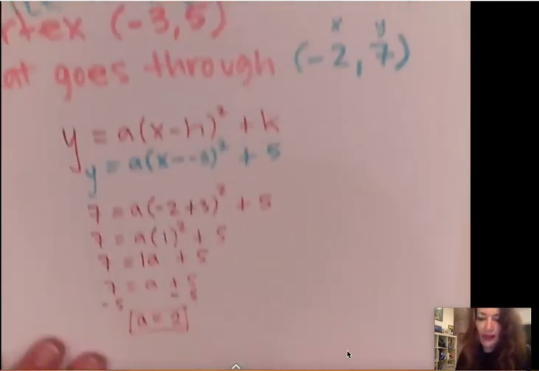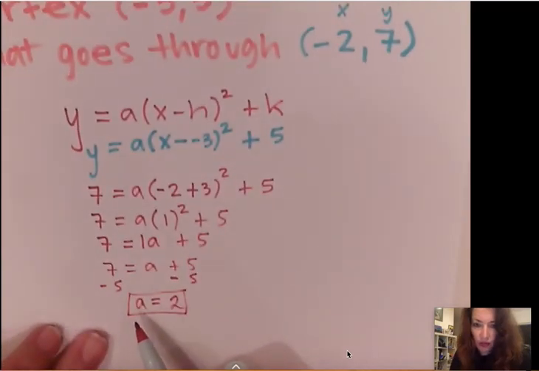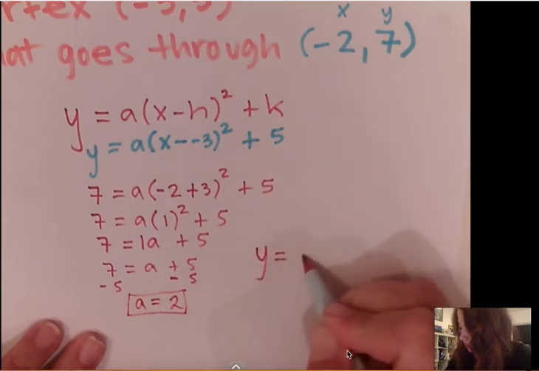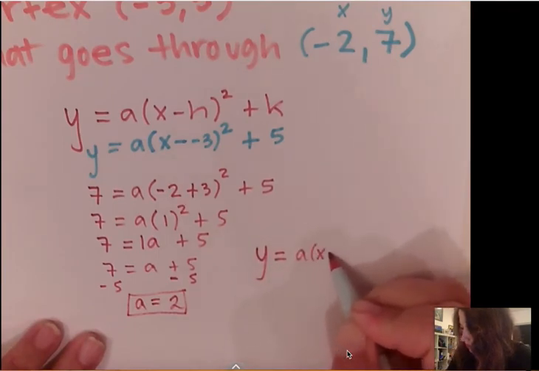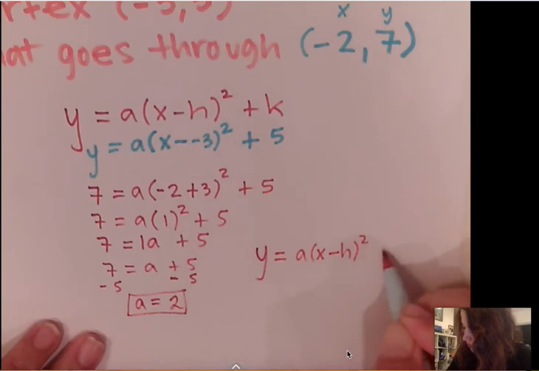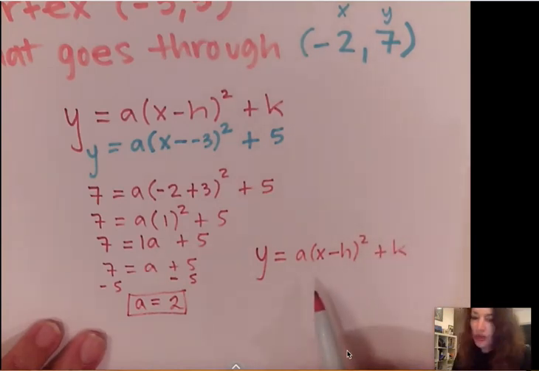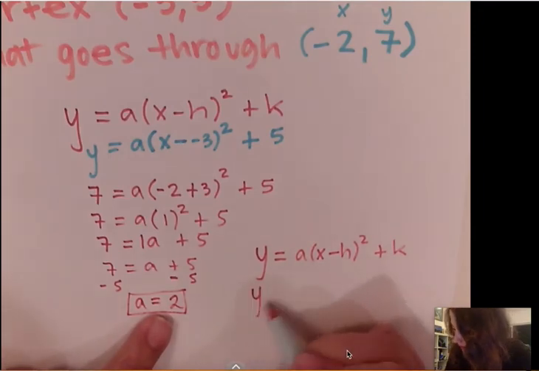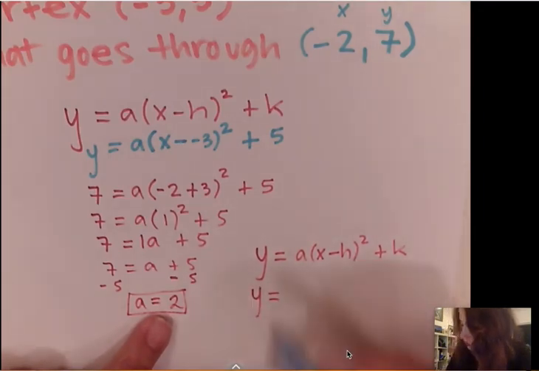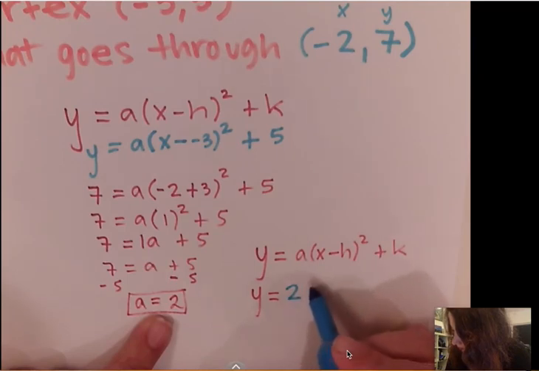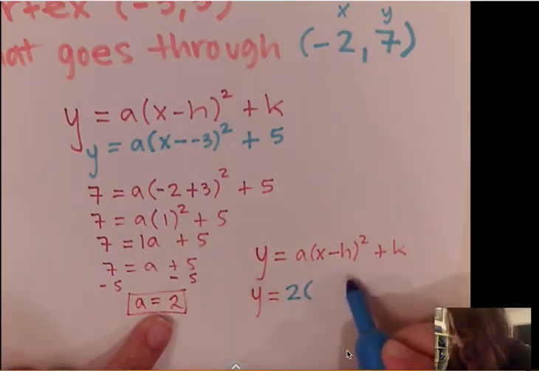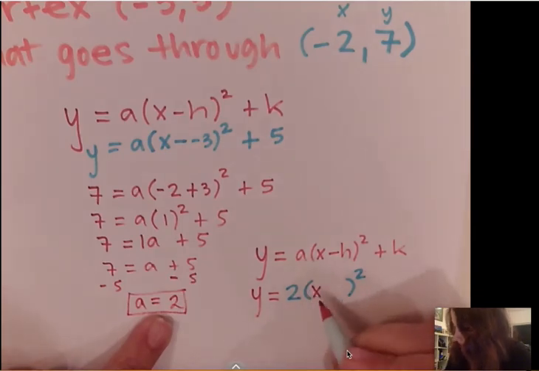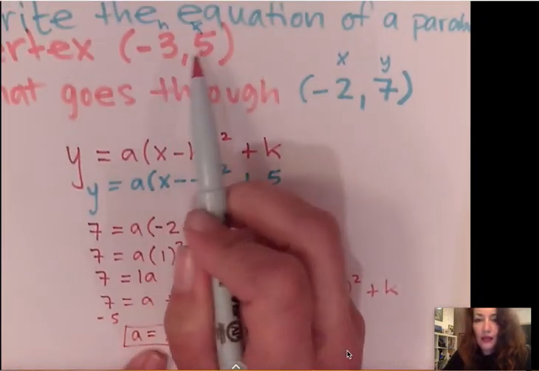Once I know that the a value is equal to 2, I can rewrite my equation. Now, this is the general form of an equation that is in vertex form, also known as graphing form. So the a value is 2. I'm going to go ahead and write that a value 2. What else do we know? We know that the vertex is -3, 5.